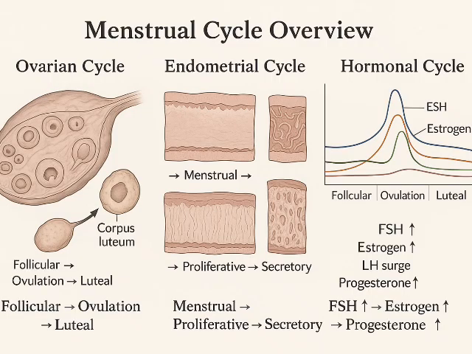The ovarian cycle has the follicular stage with the maturation of the follicle, then ovulation, and after ovulation, formation of a corpus luteum. Corpus luteum is the follicle after ovulation.